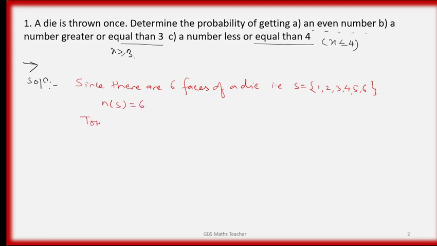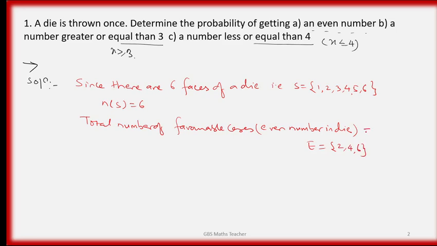And the total number of favorable cases, that means even numbers on a die, that is, the set E equals 2, 4 and 6, and the number of E equals 3.